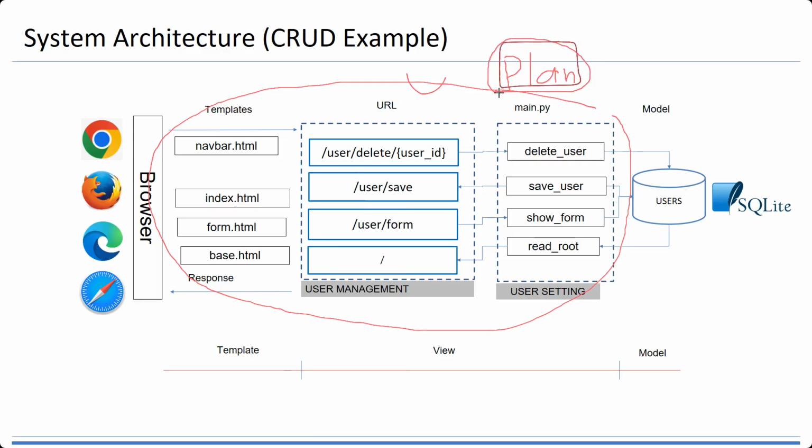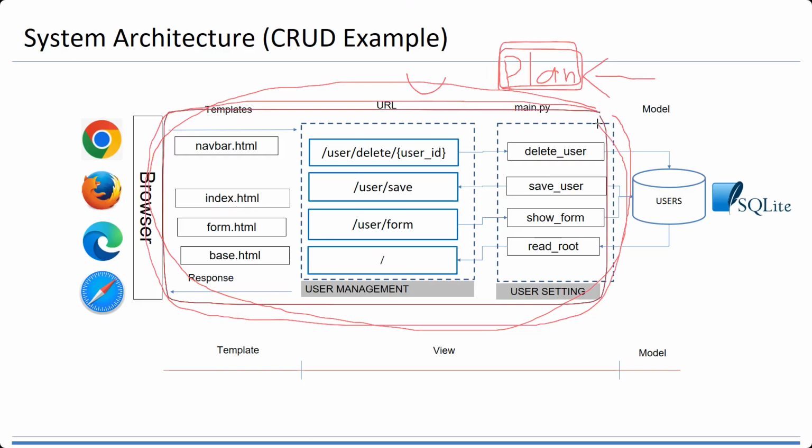Before you develop your web programming, you need to make a plan. When you finish your program, maybe your plan is not the same as your actual program. So you can update your system architecture.